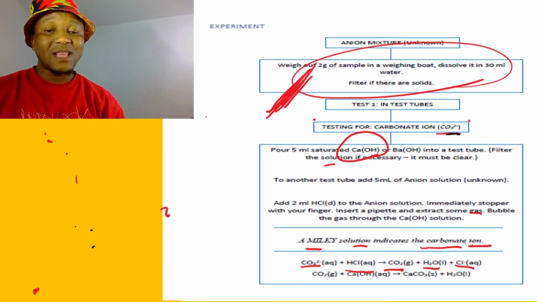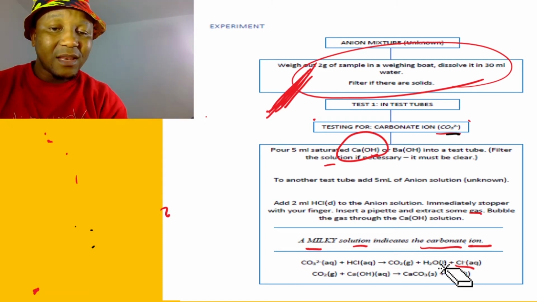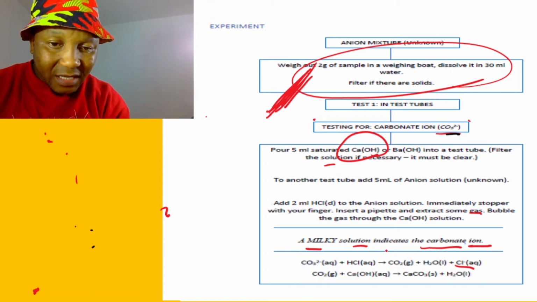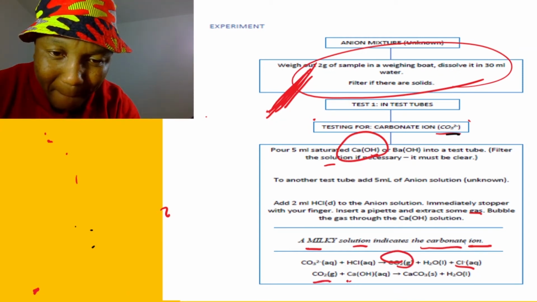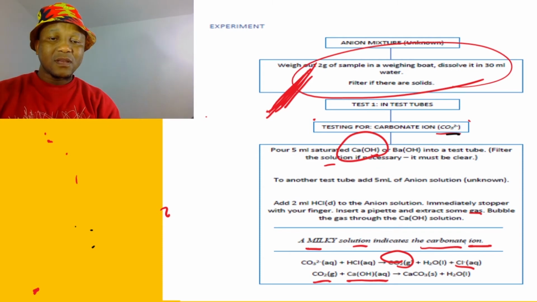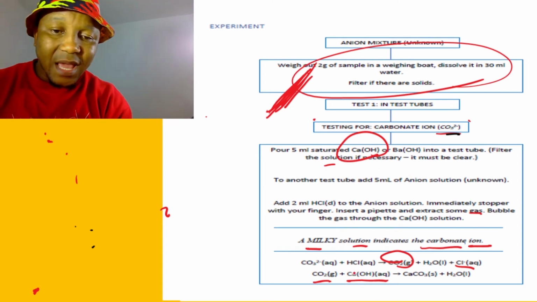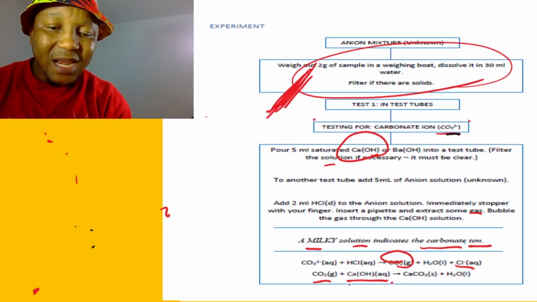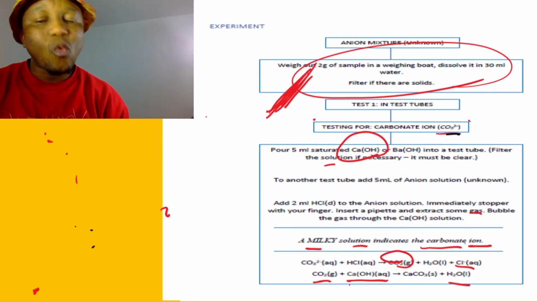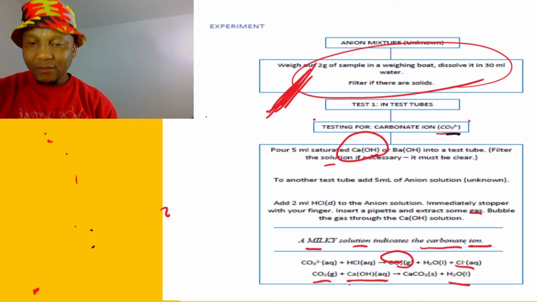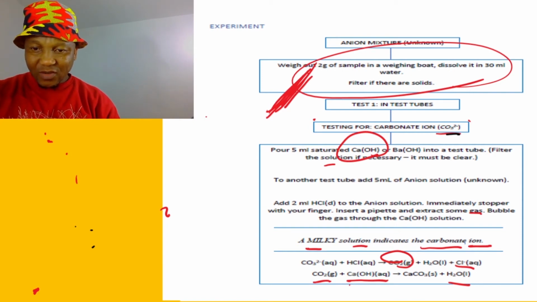You can memorize that. Then take this carbon dioxide and pass it through the aqueous calcium hydroxide, and then you're going to have calcium carbonate and water. Now let's go to the next page.